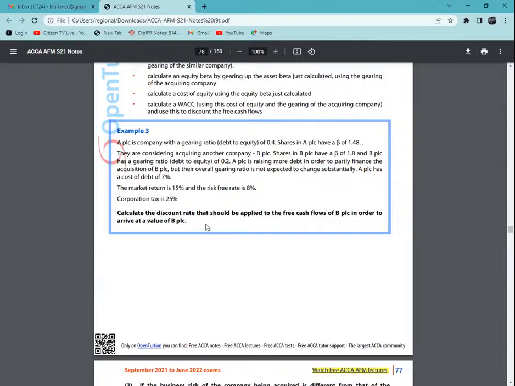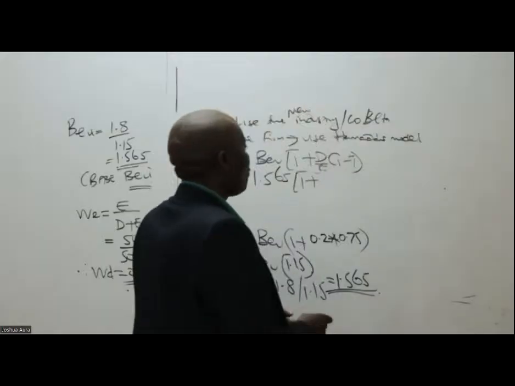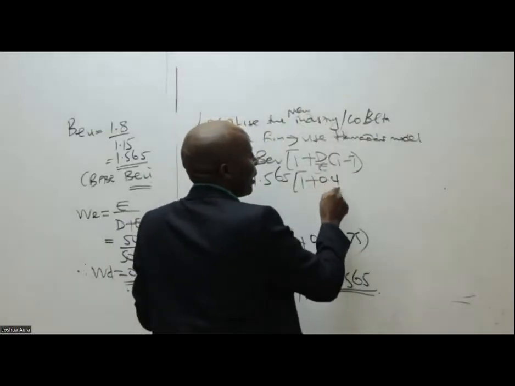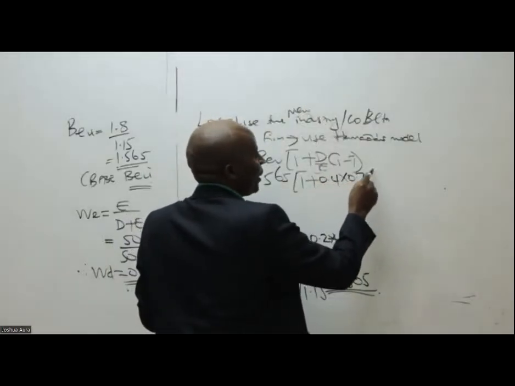Down here, what will be the WACC if the firm is entirely financed by equity? So I know debt there is 0, equity is 100%. Here, they never gave us any more information in the question. So we shall go back to this company A, whose debt to equity now is 0.4. So we put 0.4 here. And then we have 1 minus tax of 0.75.